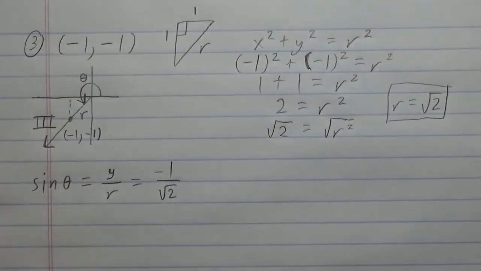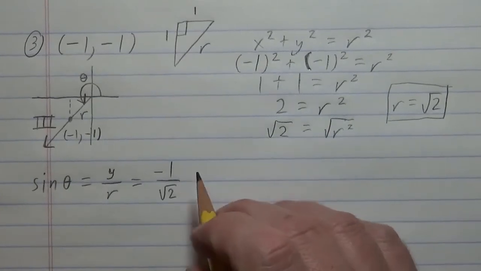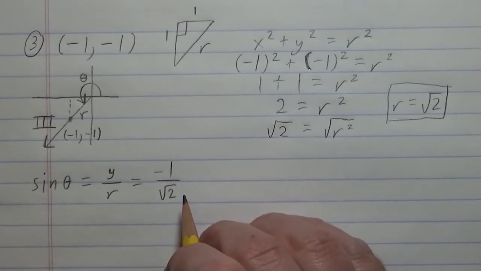This would be a fine enough answer if we were in calculus, but let's assume we're in pre-calculus. That is an unacceptable answer. We have to fix it by doing what's called rationalizing the denominator. And this is the answer, but it's not simplified.